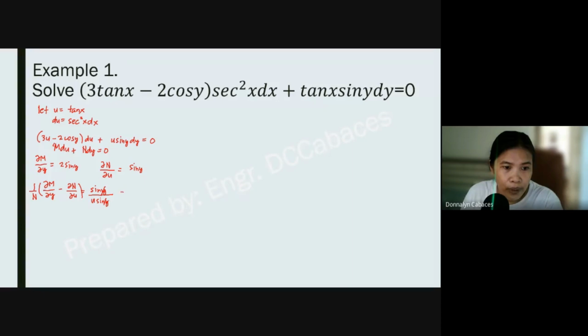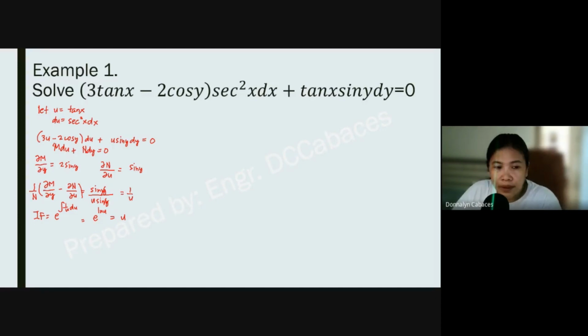And therefore you have 1 over u. So this is a function of u. Therefore our IF is equal to e to the integral of 1 over u du, or simply e to the ln of u, or u. Okay?